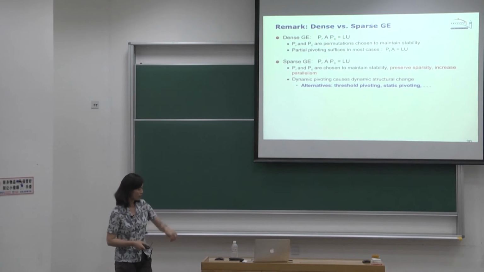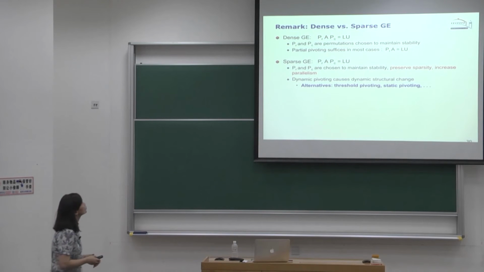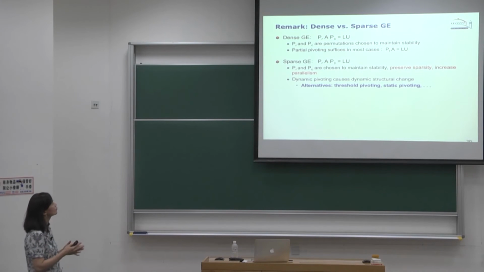So now I have shown you a lot of issues in sparse GE. Then we can compare sparse GE versus dense GE. In dense GE, we're all familiar with pivoting, right? We have been talking about pivoting.